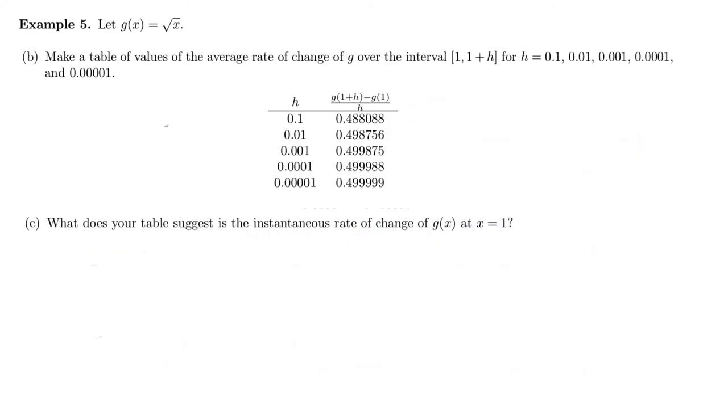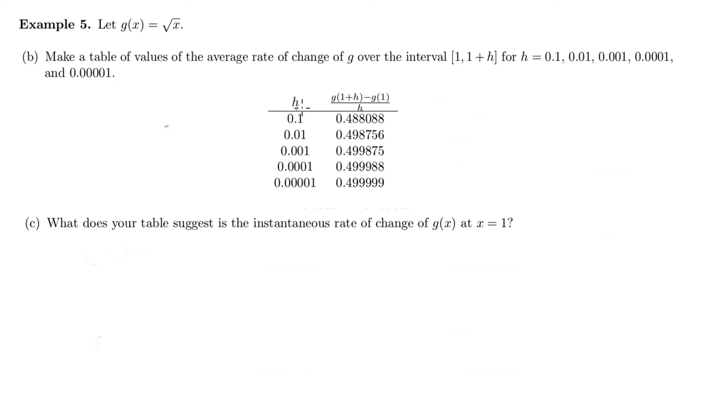Okay, so now we need to make a table of values for the average rate of change of g over this last interval we looked at, 1 to 1 plus h, for values of h that are getting closer and closer to 0. And I actually already did that, so I printed the table here.